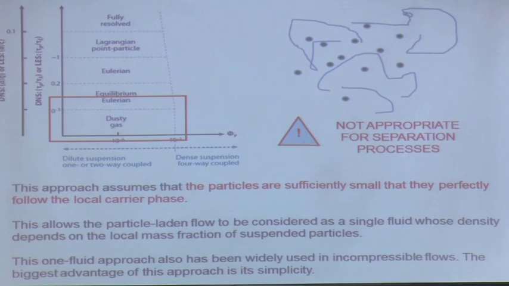The only thing that is changed is the density of the equivalent medium and maybe the viscosity. As we saw yesterday, you will change the viscosity depending on the concentration of that fine particles. So that will change the Reynolds number, that will change the behavior of the flow, but finally you assume that it is almost like a single phase flow. You don't care about the particles, it's just modification of the physical properties.